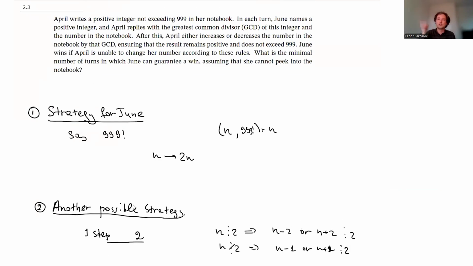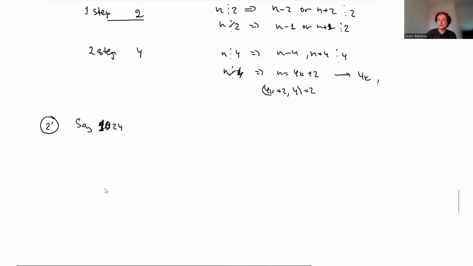And what is the strategy for April not to lose in 9 steps? It's very simple. The strategy for April is to take number 1.